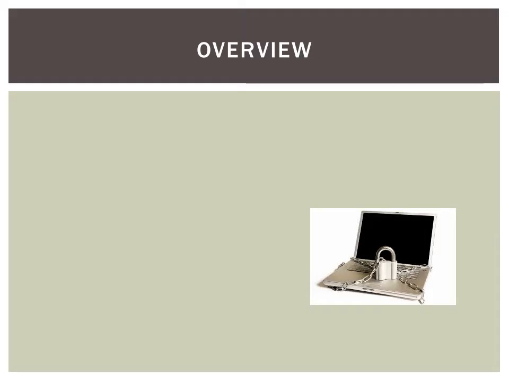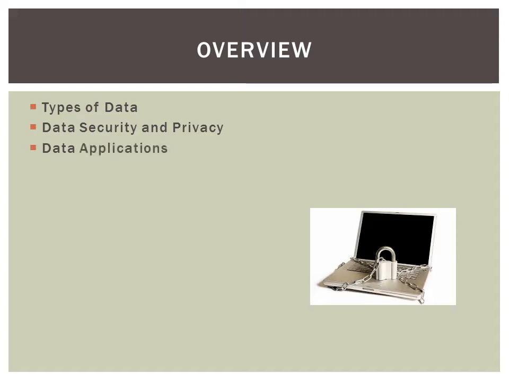Let's begin with an overview of the session just to give you a sense of where we'll be going with this lesson. First, I'll be talking about different types of data and how they're used in schools. I'll be talking about data security and privacy. Obviously, that's a very large topic, and I'll be just touching on it very briefly. Different types of data applications and some of the most common ones that we see in schools.